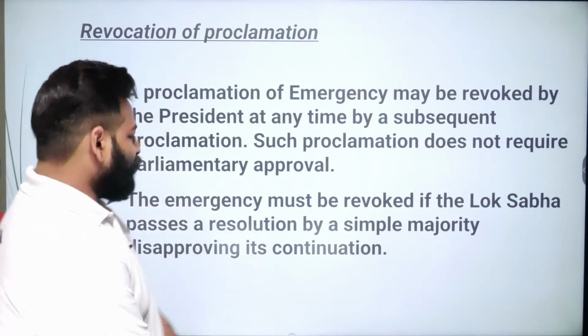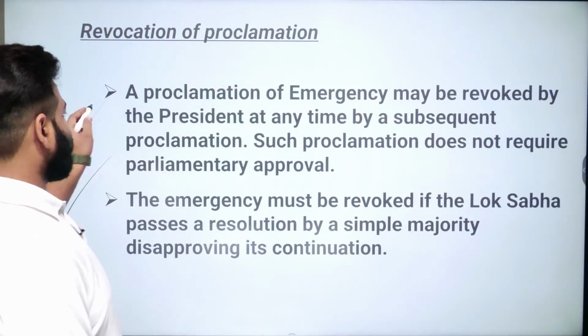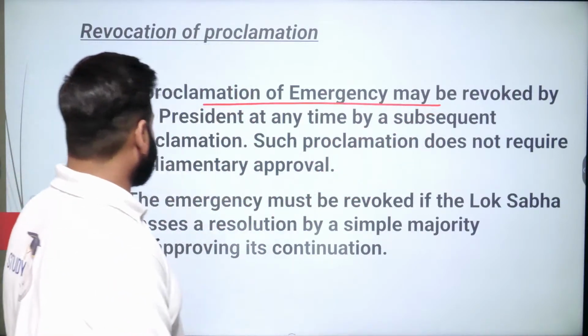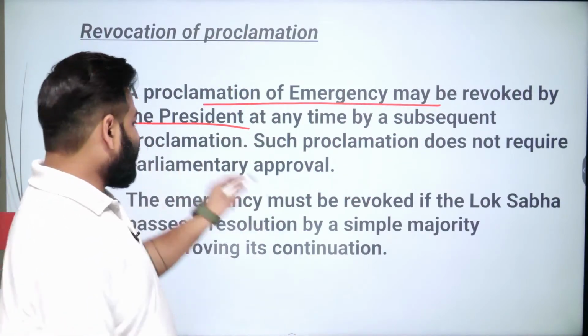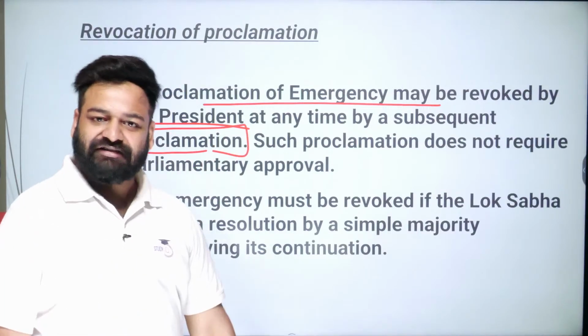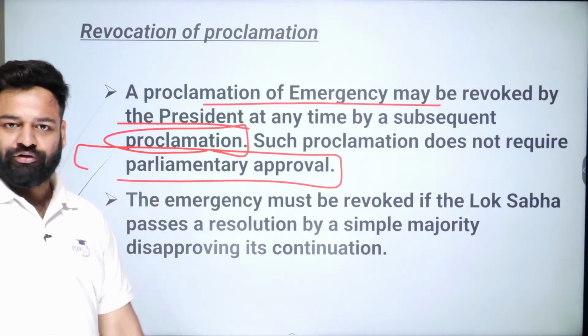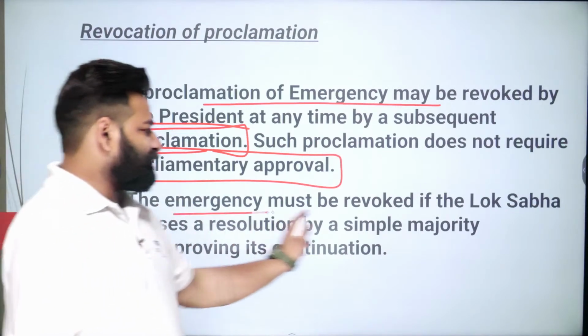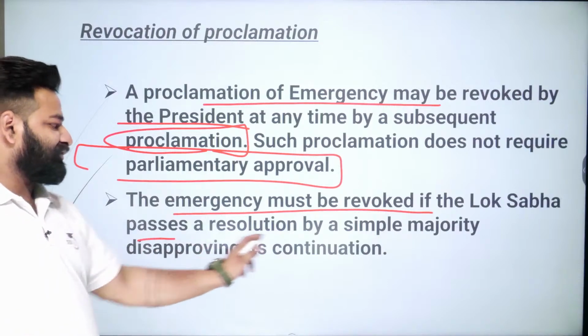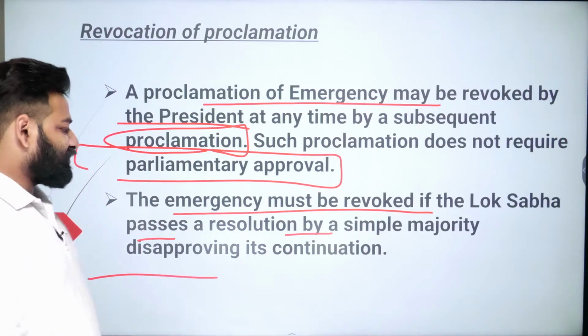Okay. Revocation, in order to remove. A proclamation of emergency may be revoked by the President at any time by a subsequent proclamation, and such a proclamation does not require parliamentary approval. The emergency must also be revoked if the Lok Sabha passes a resolution by a simple majority disapproving its continuation.